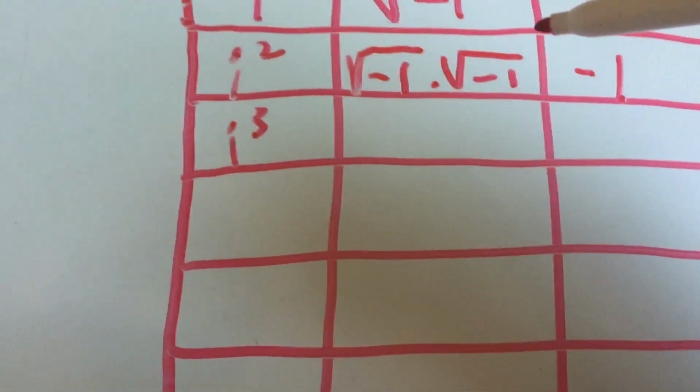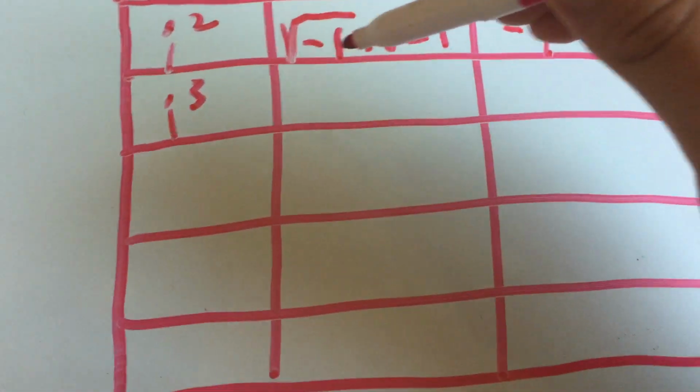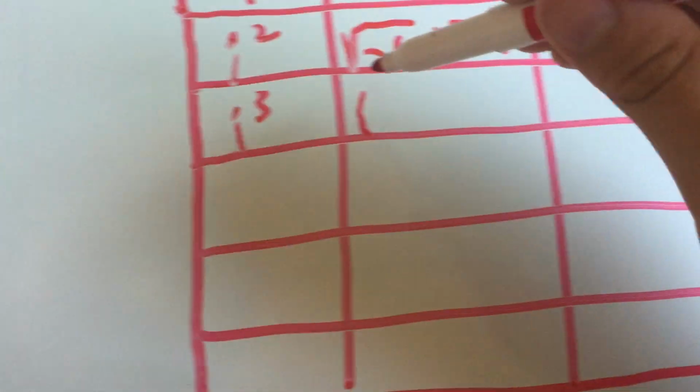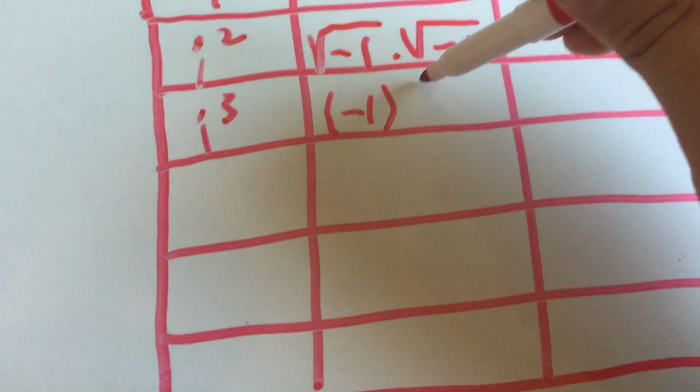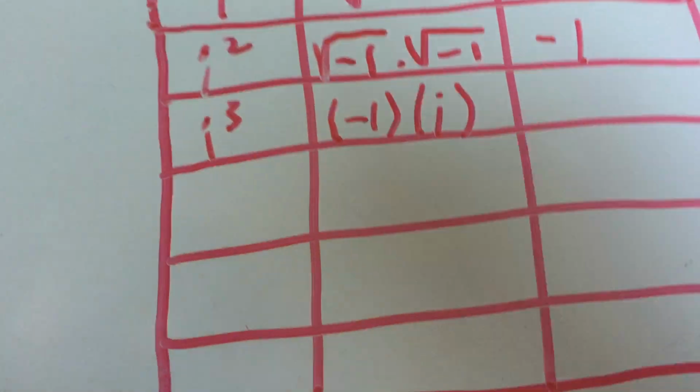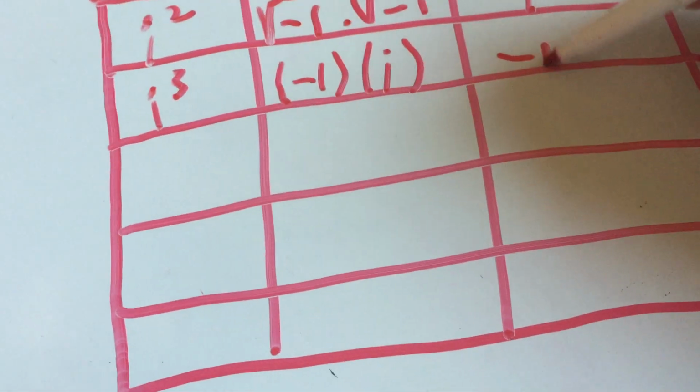For i to the power of 3, we can write it as negative 1 times i, which gives you negative i.